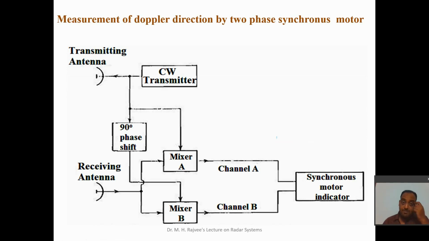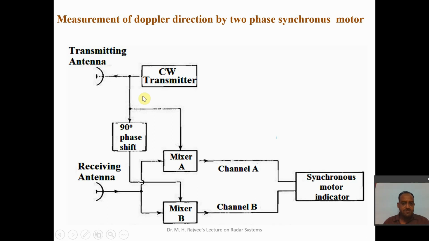Measurement of Doppler direction by a two-phase synchronous motor. Now, how can we say whether the target is approaching or receding by seeing fd? For that, the arrangement shown in this figure is very beautiful.